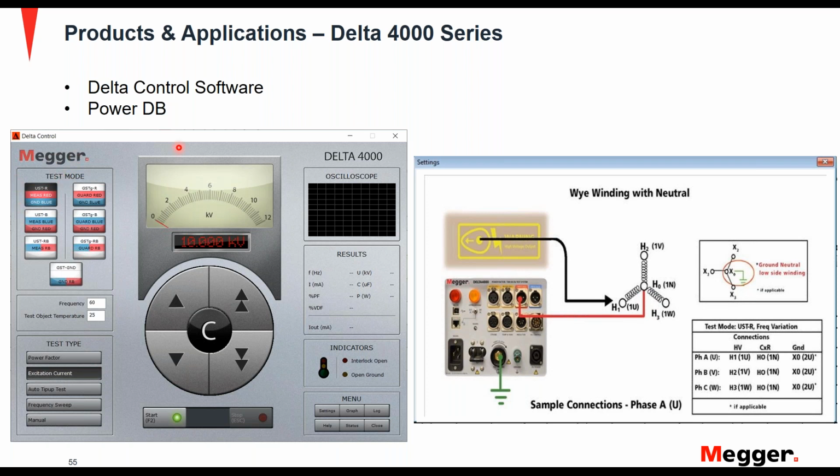Ungrounded specimen test mode is used. It can also be controlled remotely using PowerDB. And one of the important aspects of the Delta is that it will provide a connection diagram after you've entered the correct nameplate data. This will preclude any errors because of hooking up the wrong leads to the wrong terminals, and that's an error preventing tool.